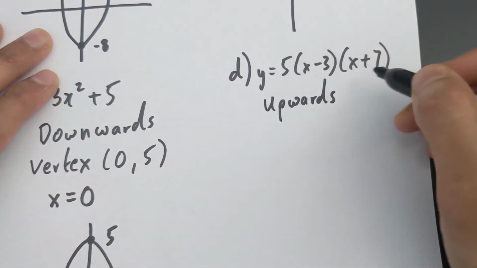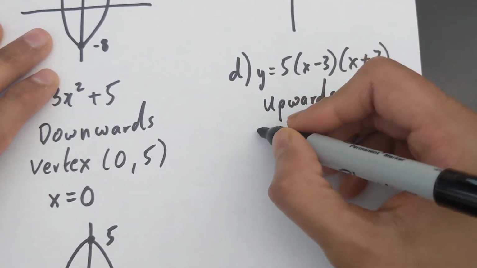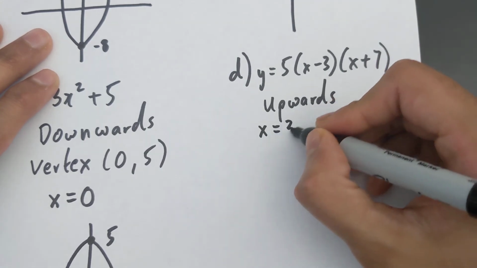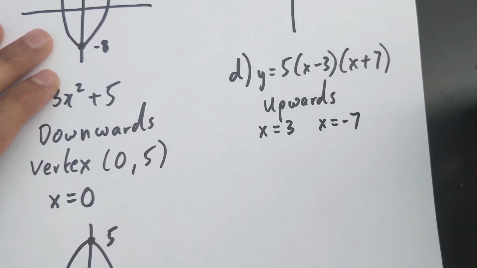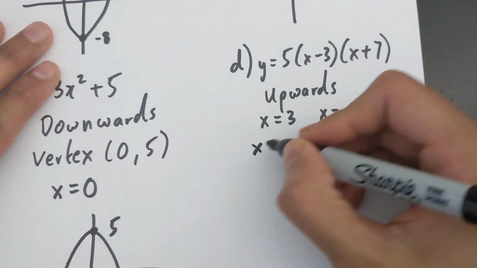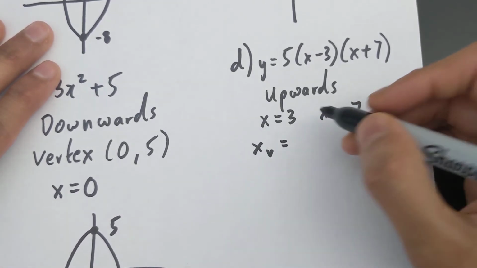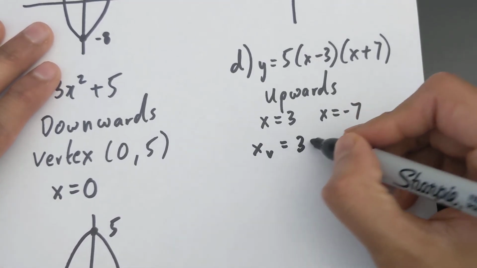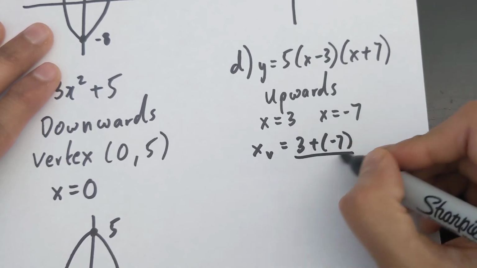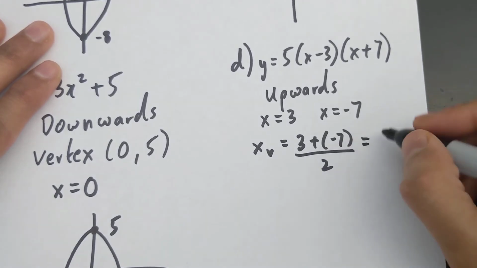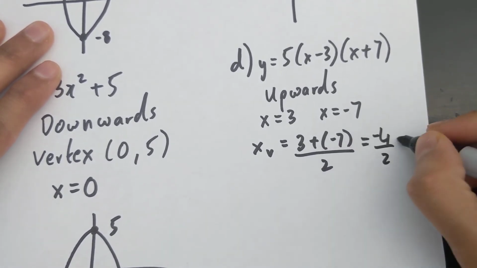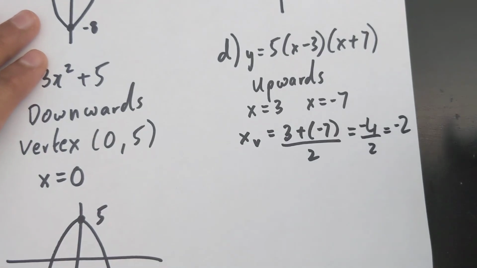My vertex, if I want to find my vertex, I have to first find my x-intercepts. So my x-intercepts are 3 and negative 7. Then to find the x value of my vertex, I have to find the midpoint of these two. So 3 plus negative 7 over 2, which is negative 4 over 2, which is minus 2.